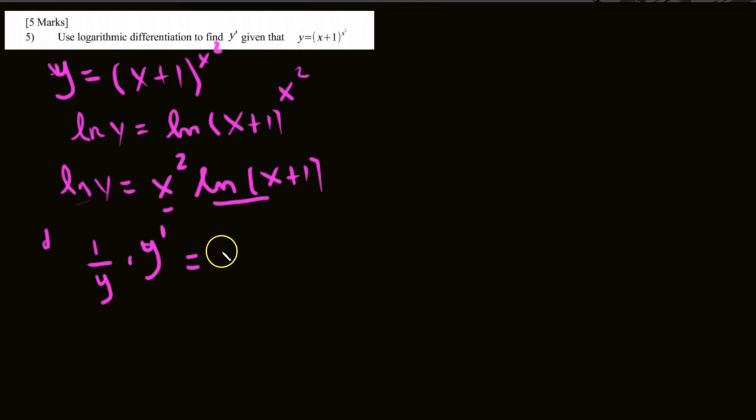and then you do the derivative of the right side, which is the product rule. So like I said before, the derivative of the first times the second plus the first times the derivative of the second.